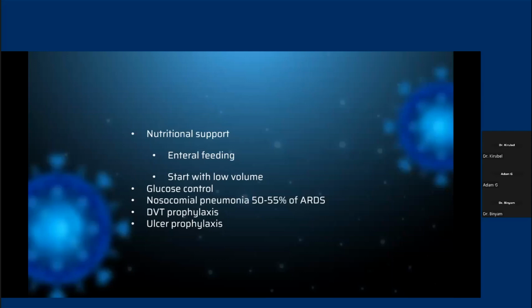Patients should be on DVT prophylaxis and ulcer prophylaxis based on your institution's protocol. We usually start with enoxaparin 40 daily, or you can use unfractionated heparin depending on your resources. Ulcer prophylaxis also should be started.